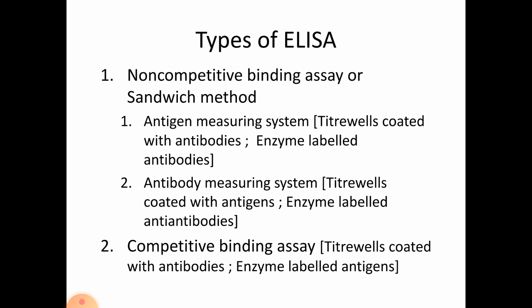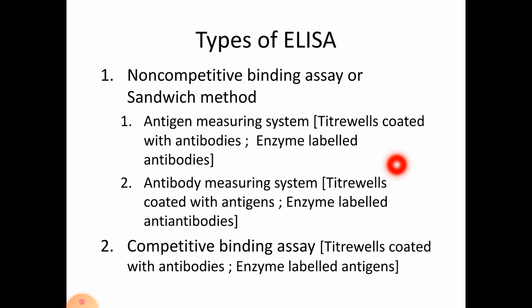So, first you explain the definition and also the principle, that is, the antigen-antibody immune response, the antigen-antibody reaction, is measured. Next are the different types: non-competitive and competitive. The non-competitive assay, otherwise known as the sandwich method, is divided into two, that is, antigen measuring and antibody measuring.